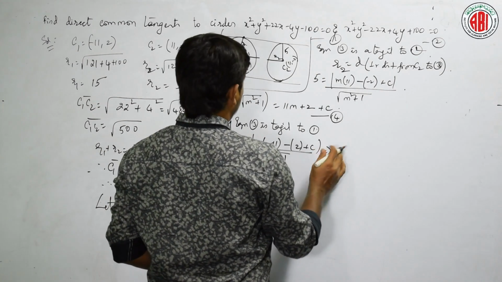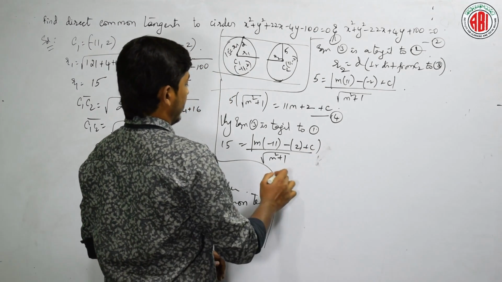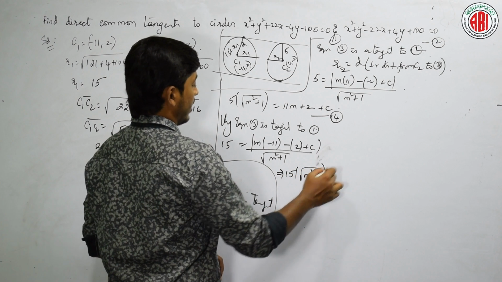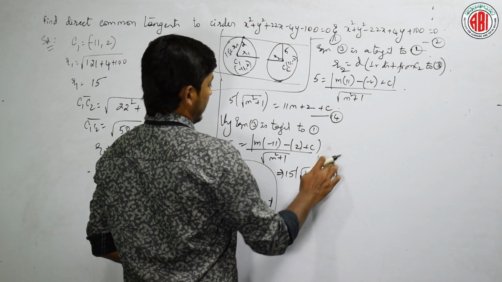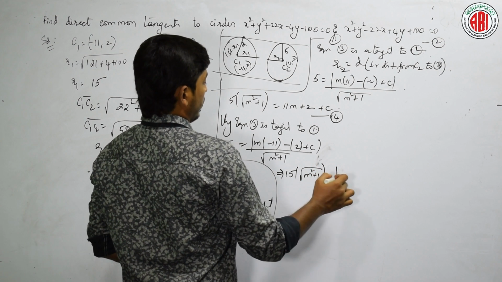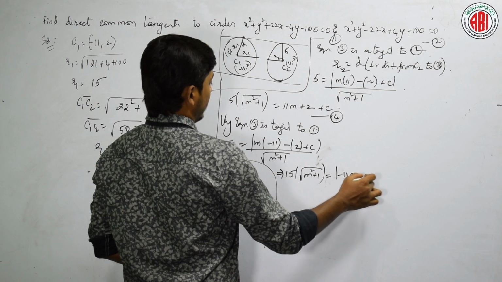So, we can write it as 15 into under root m square plus 1 is equal to minus 11m minus 2 plus c.